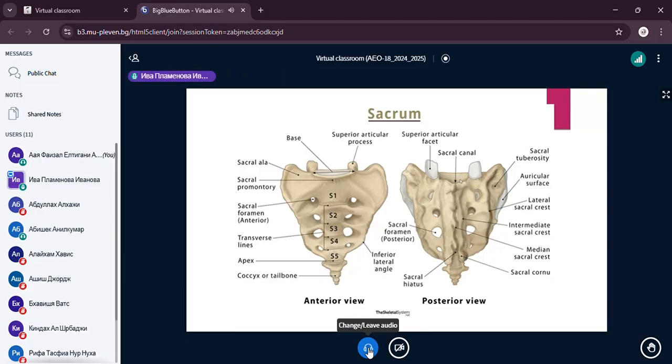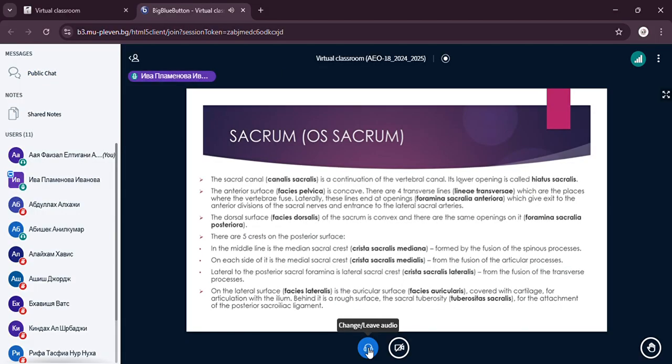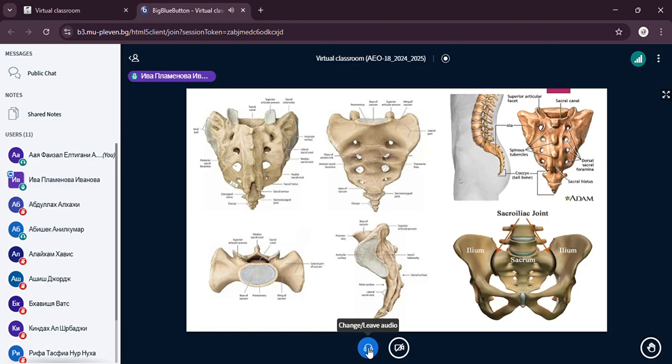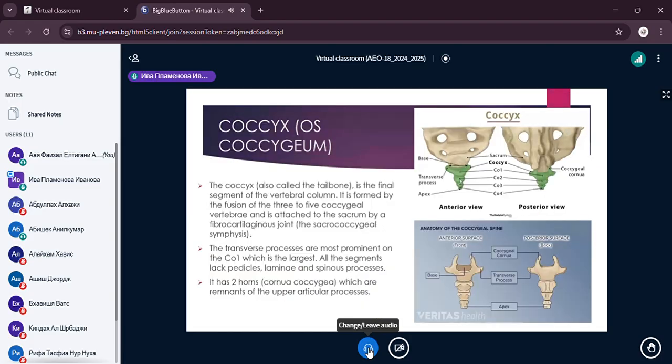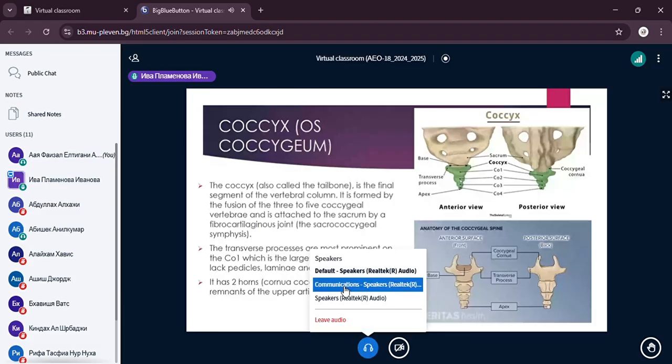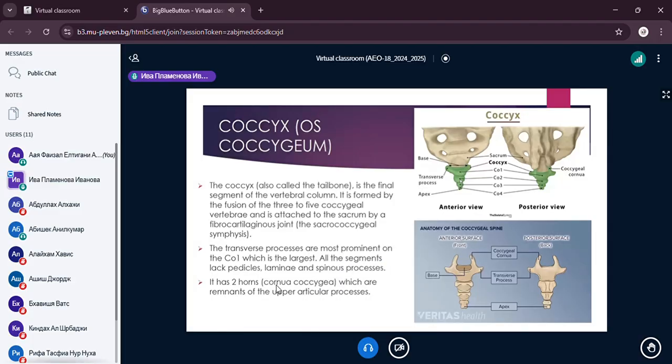But the next time we will talk about the thorax. If you want, I can give you this presentation before the colloquium. We will have two colloquiums this semester, one for the bones and one for the joints. I also have a presentation for the joints, and if you want, I can give you them.